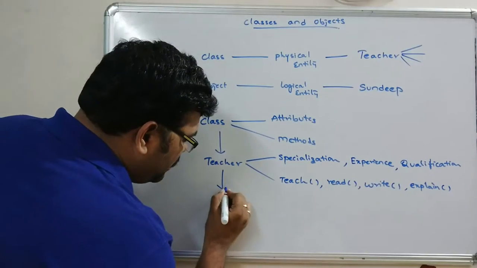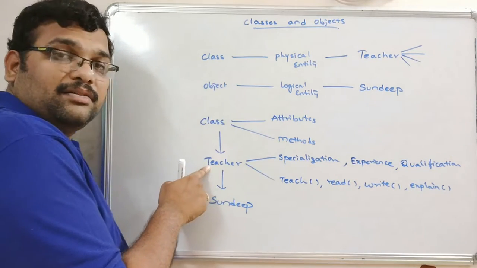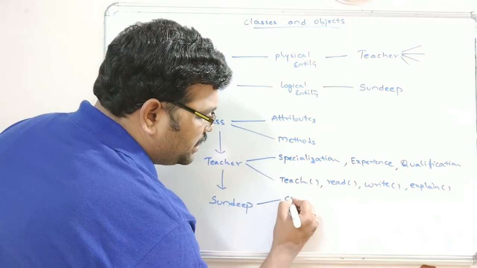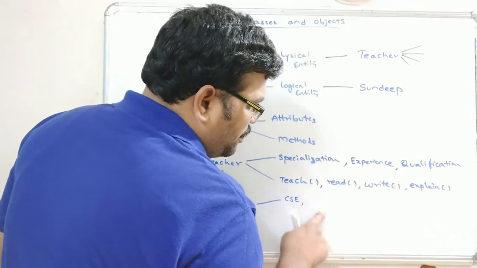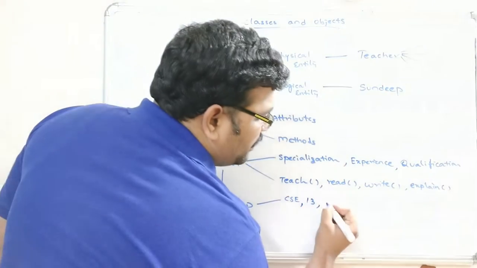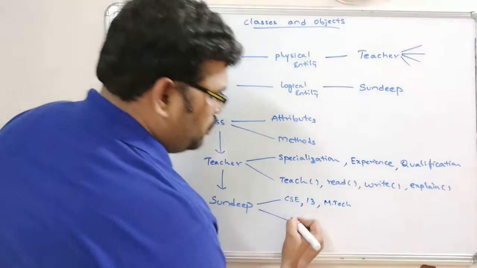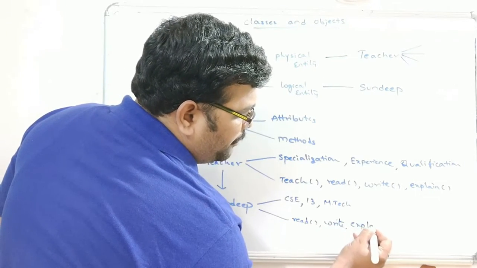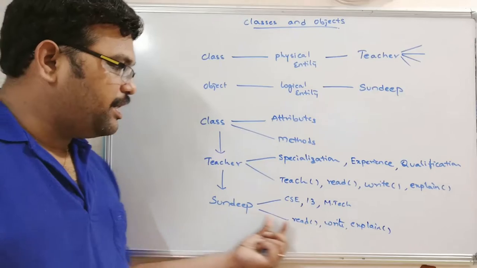Similarly, this is an object. Sundeep is an object of the class teacher. So Sundeep is an object, a logical entity, which has the specialization, experience, qualification, etc. And it can read, write, explain.